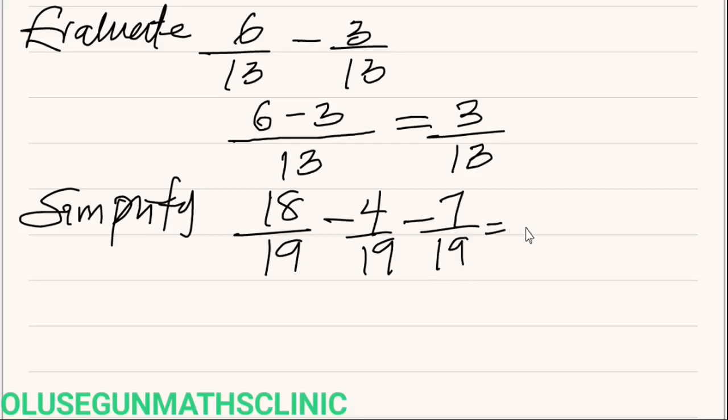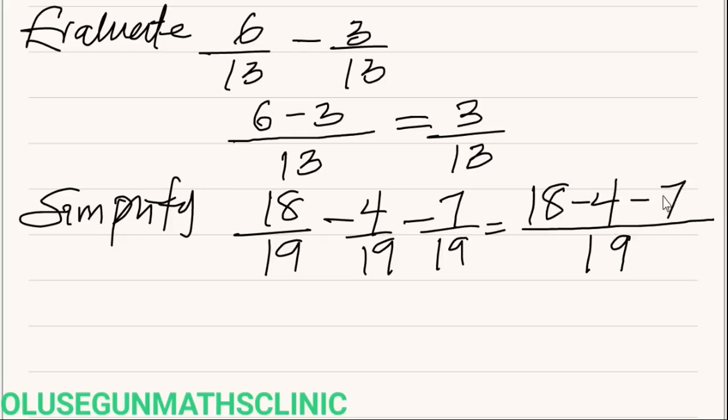Because they have the same denominator, we just have to rewrite 18 minus 4 minus 7. Minus 4 minus 7 will give us minus 11. So 18 minus 11 will surely give us 7 over 19. So that is just how to subtract values that have the same denominator.